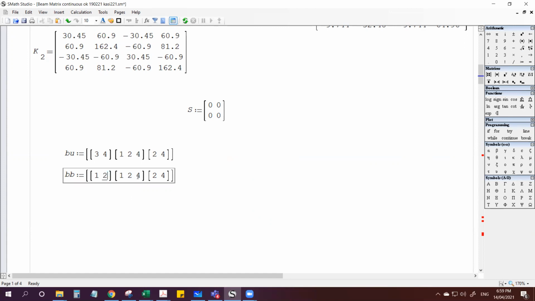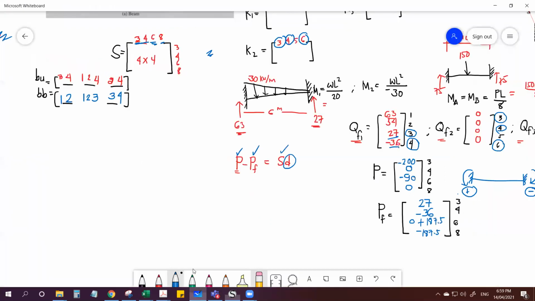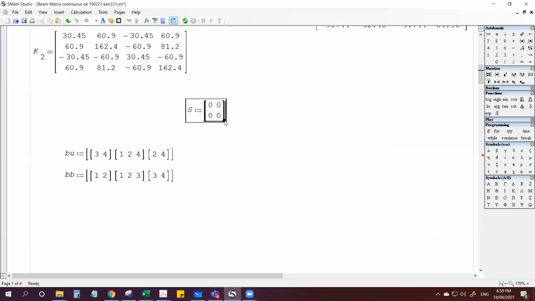And for the null matrix, our S should be 4 by 4, because you have 4 unknowns. So I'll expand this and then put in zeros here.